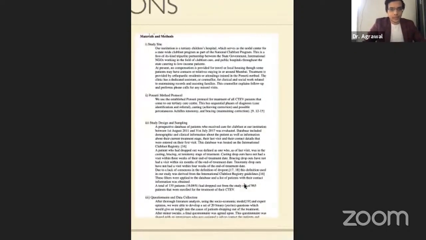We have the study site where we did the paper, what protocol we used to treat the children, any study designs and study samplings, what the questionnaires and data collection were, what questions we asked the patients, what our management of data was, how we collected it, how we analyzed it, what sort of tests we use. So instead of being just a whole big paragraph in your article, it can be divided into subsections where people can get information that they're seeking.